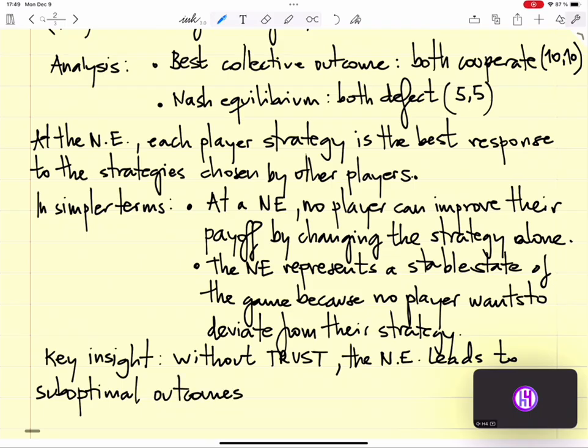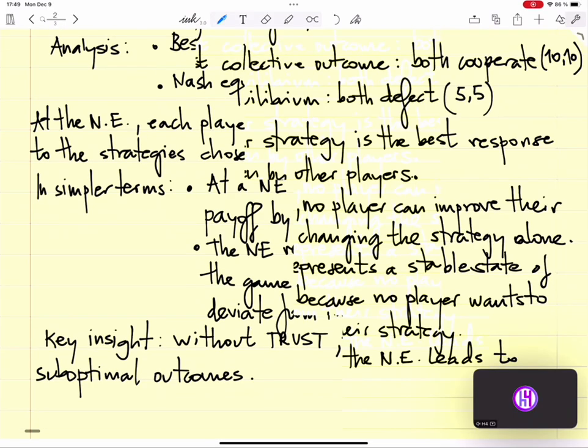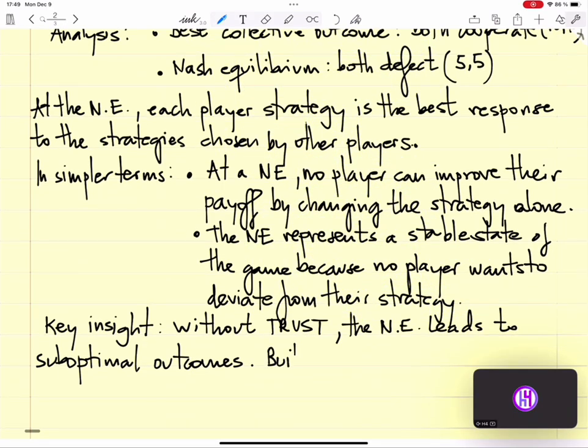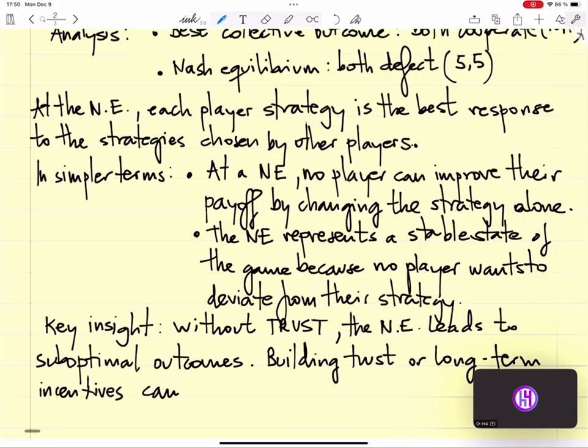Okay? So building trust or long-term incentives can break this cycle. Okay?